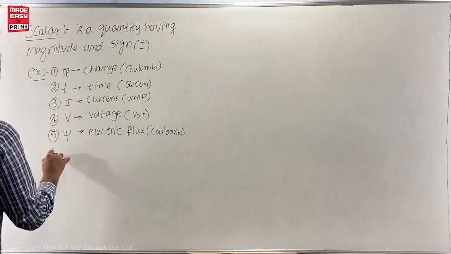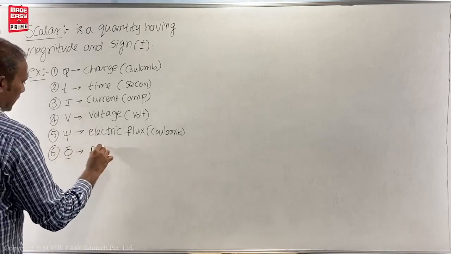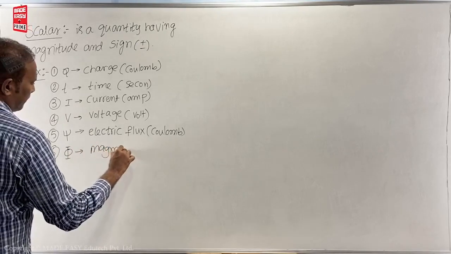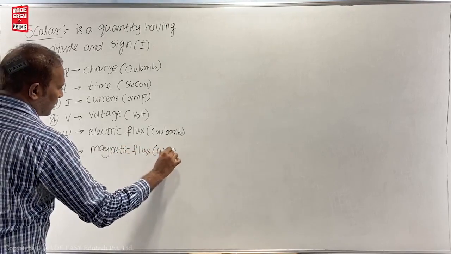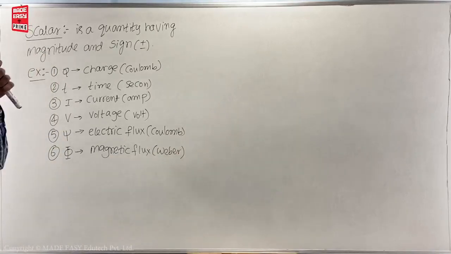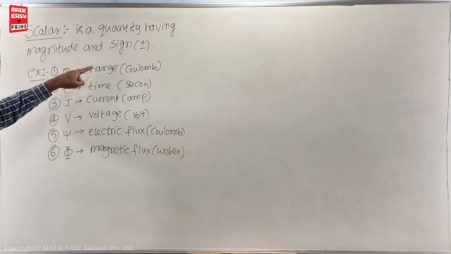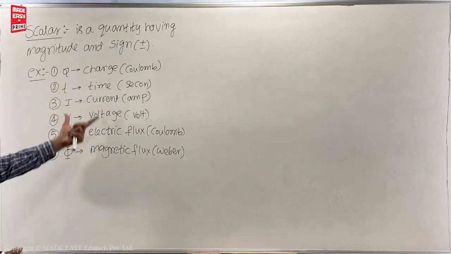So this phi, magnetic flux, unit is Weber. So you have to now itself remember these names and units. To write the equations you have to remember them.